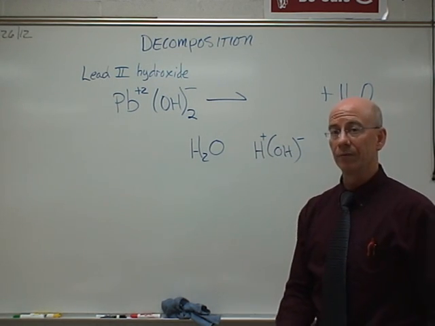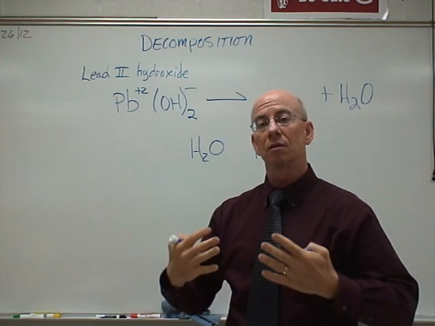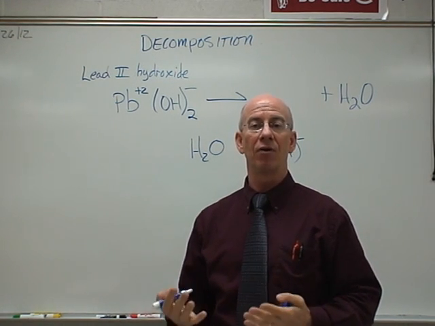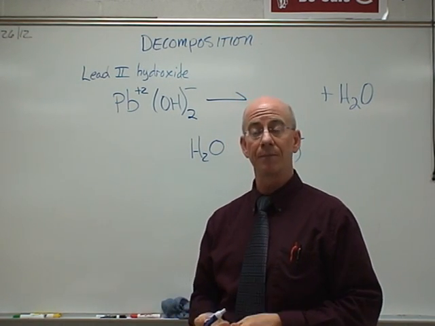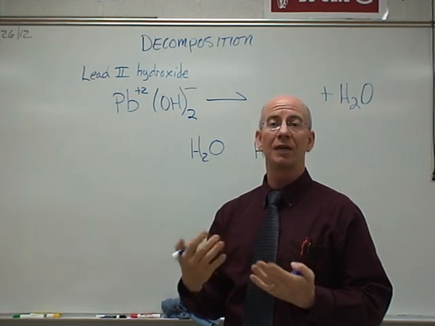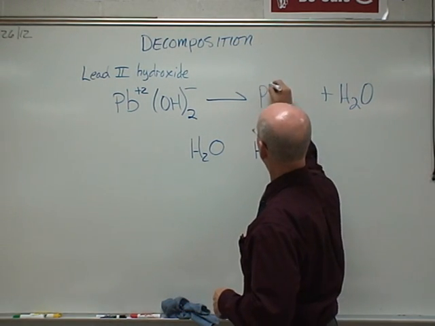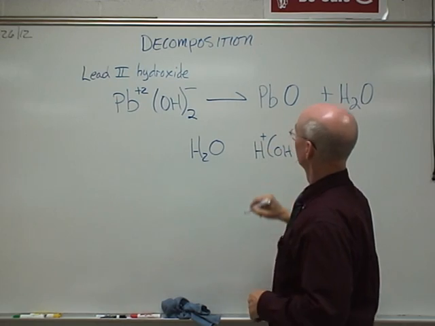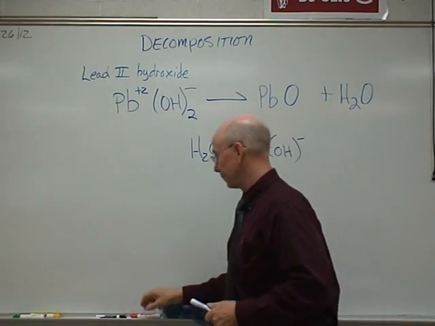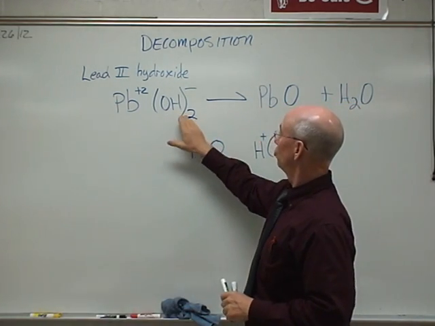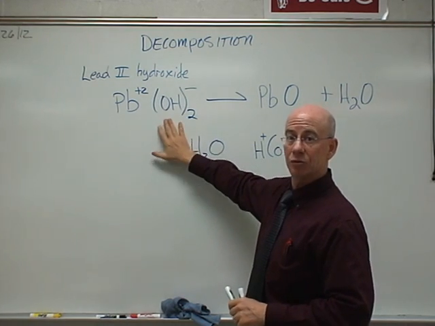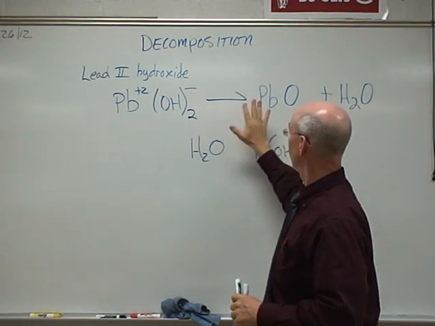So what's left over? Well, most decomposition reactions involve oxygen. Not all, but most of them. And they will end up with an oxide. So in this case, you're going to get lead oxide. Now, we don't assume anything with that subscript. That subscript refers to that formula. So we go here, we start fresh.